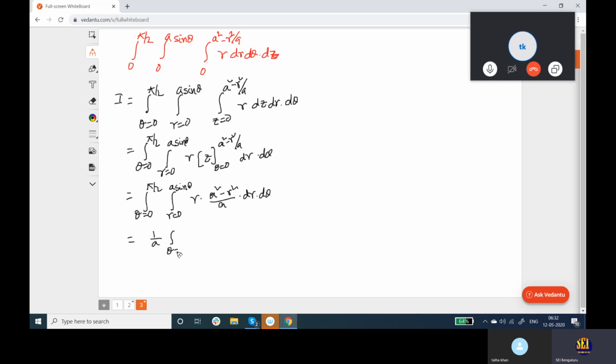Integral theta is equal to 0 to pi by 2, and now a square into r square by 2 from 0 to a sine theta minus r power 4 by 4 from 0 to a sine theta into d theta is equal to 1 by a.